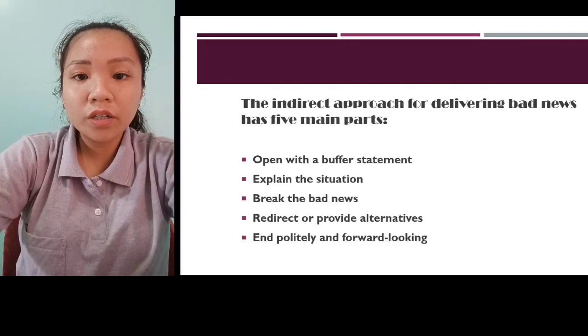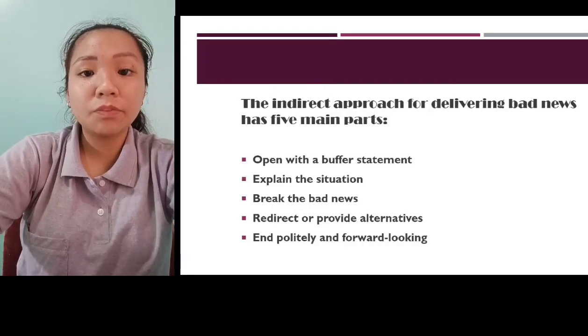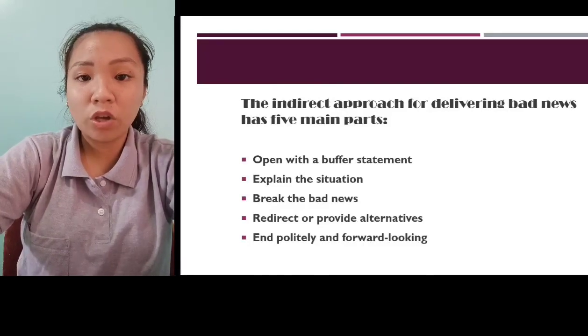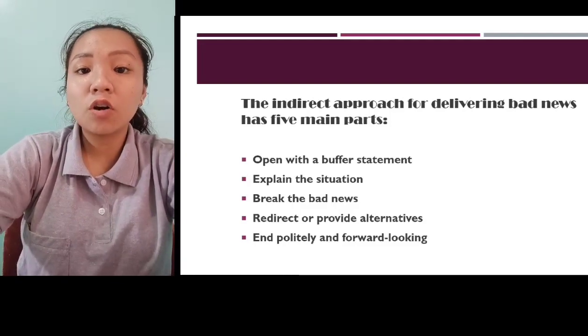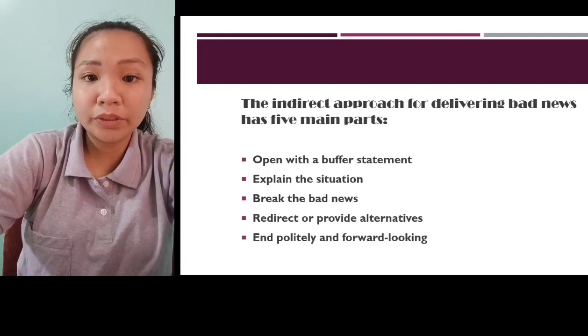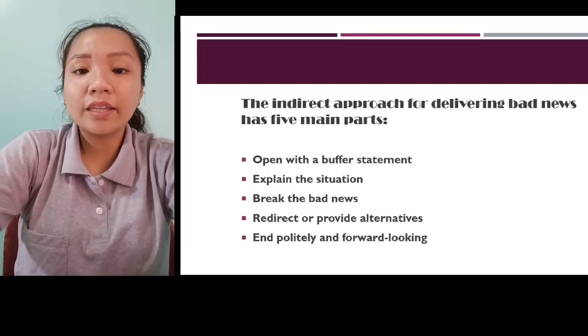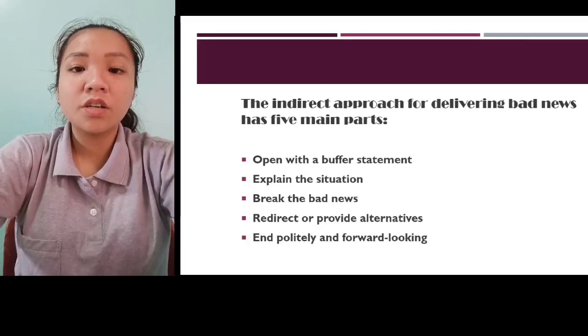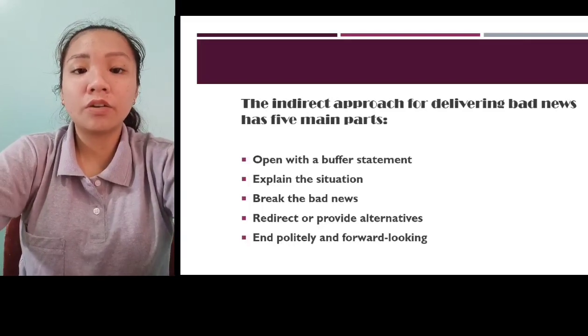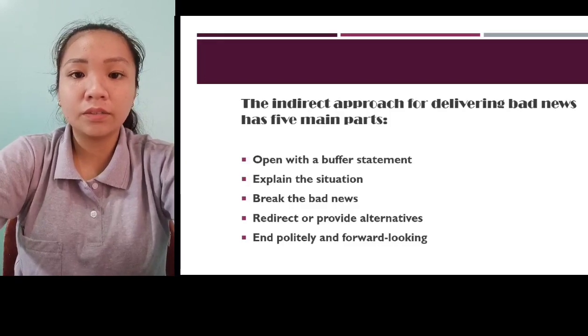These are: open with a buffer statement, explain the situation, break the bad news, redirect or provide alternatives, and last, end politely and forward looking. So we'll go through each of these parts in detail.